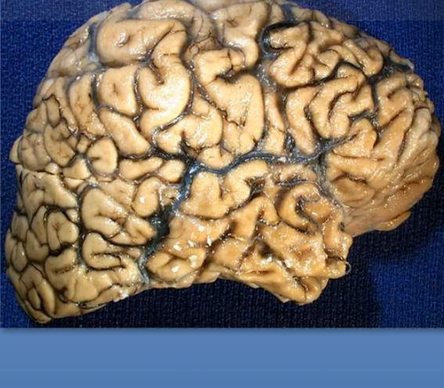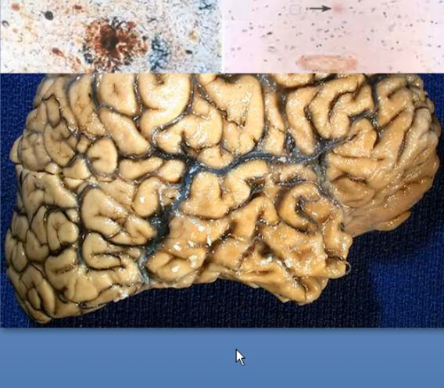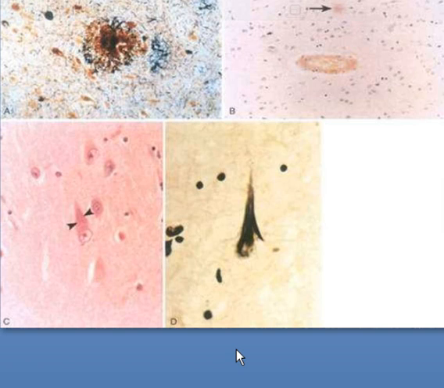Okay, now if you go to the places where Alzheimer collects, which is the cortex, technically all the cortex, of course it's most noticeable in the so-called higher areas, frontal lobes, temporal lobes, you might see things like this. You're going to see these things called plaques, okay?